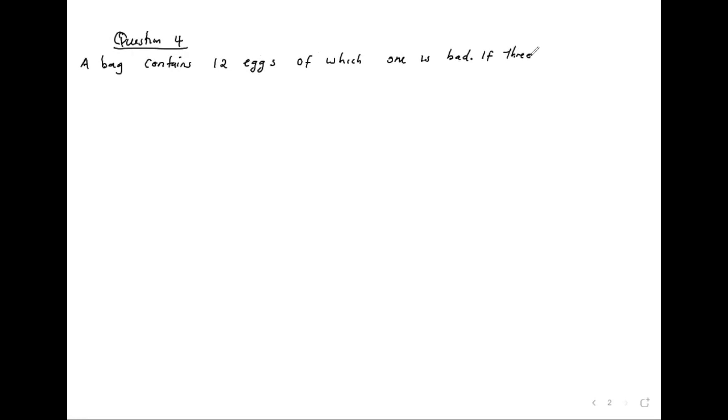If 3 eggs are selected at random, what is the probability that one of them will be bad?